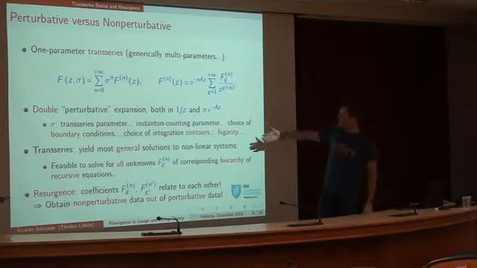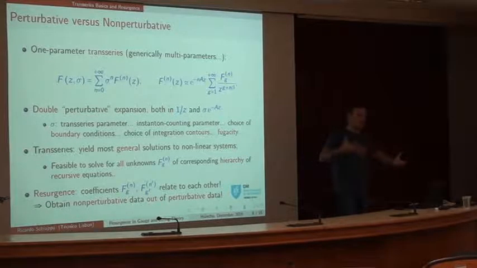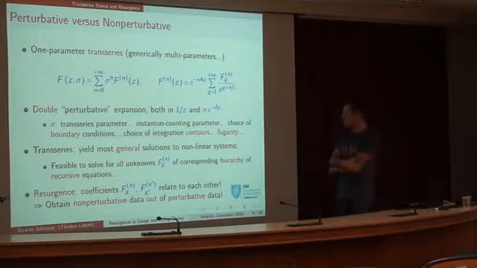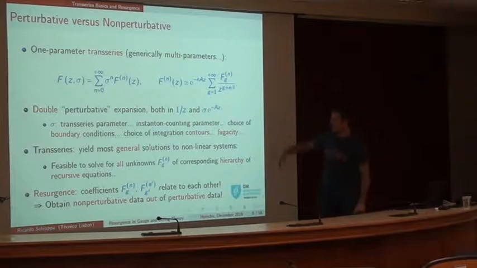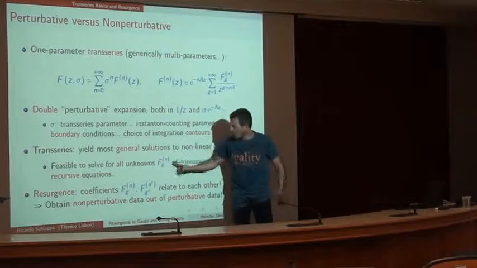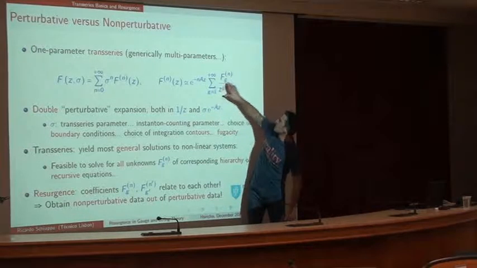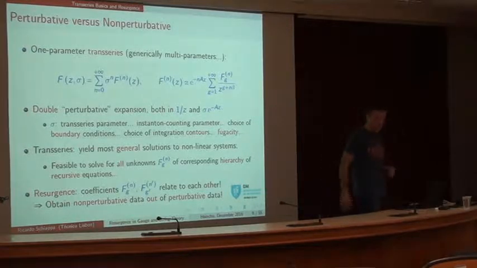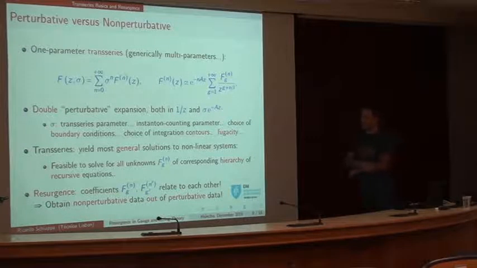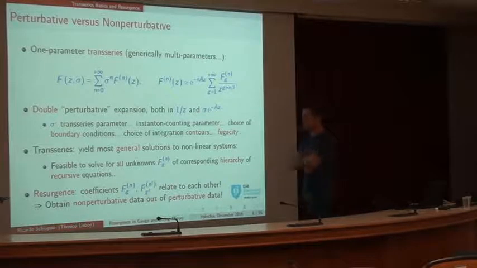Now, if you have some nonlinear system, some nonlinear equation, nonlinear integral, whatever that you want to solve, you just plug in these ansätze, and you iterate, and eventually you can compute all these objects here that will build up the trans-series for you. That's very nice, but there's something even nicer about these trans-series, which is that these objects are often called resurgent.